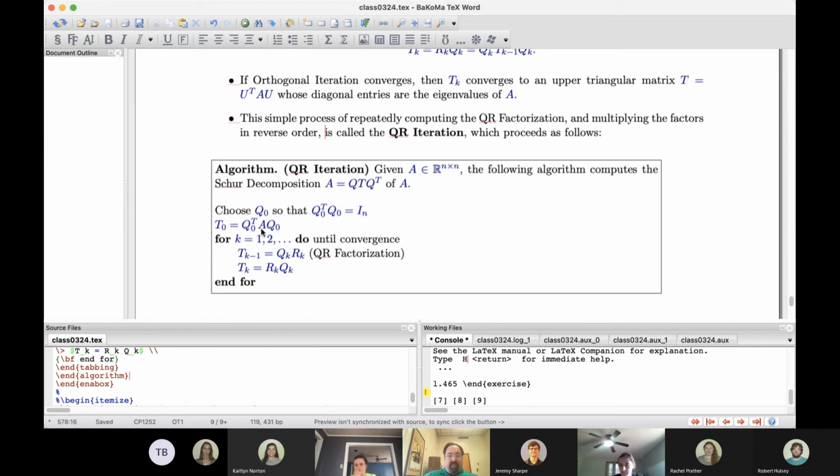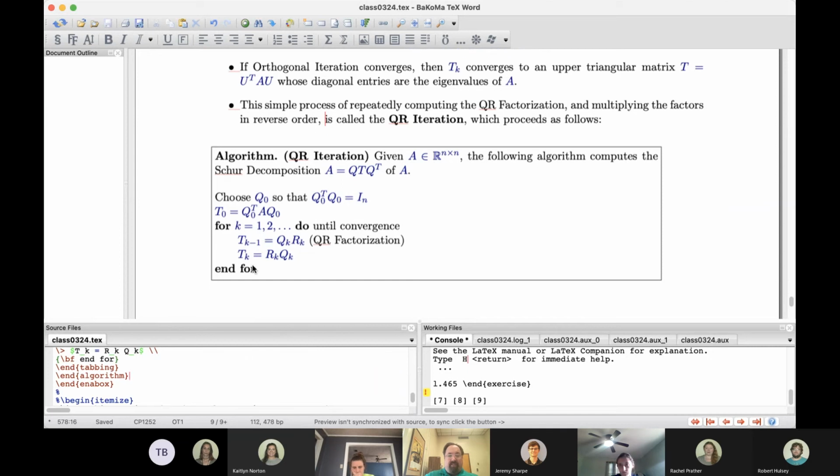Then what you do is you take the QR factorization and multiply the factors in reverse order. That's it. That's all it takes. And what happens in that case is this will converge to some kind of upper triangular form.